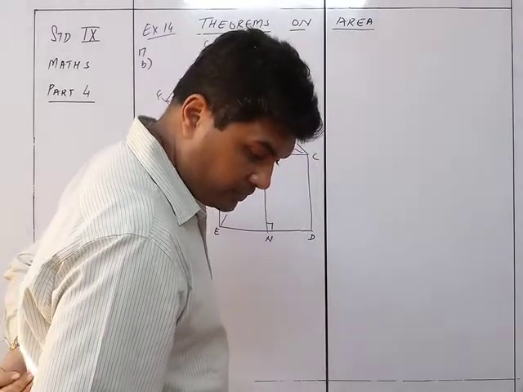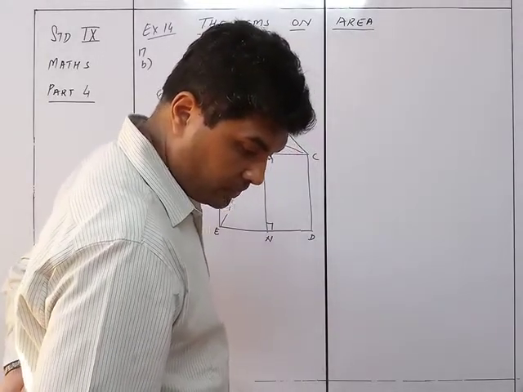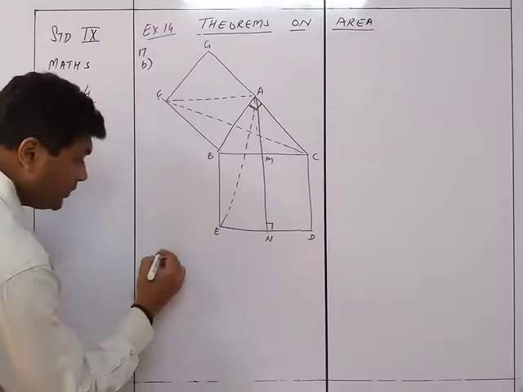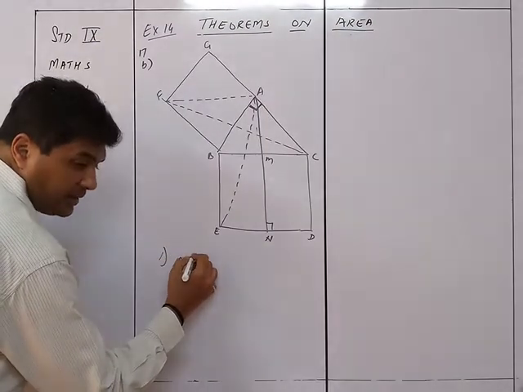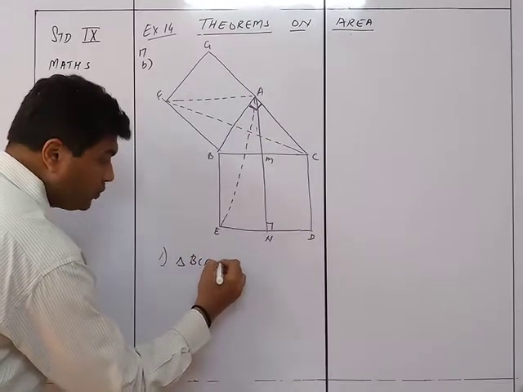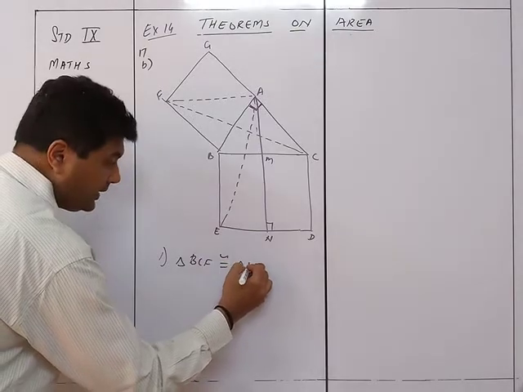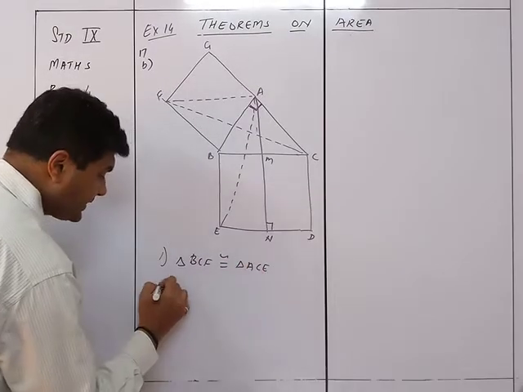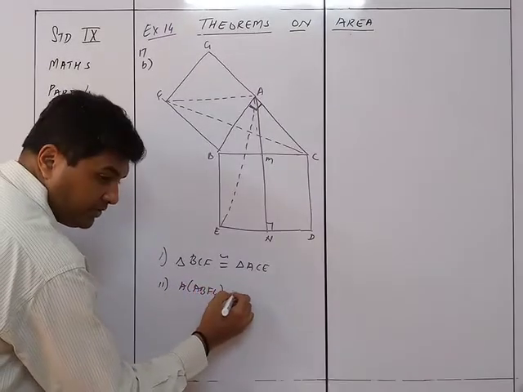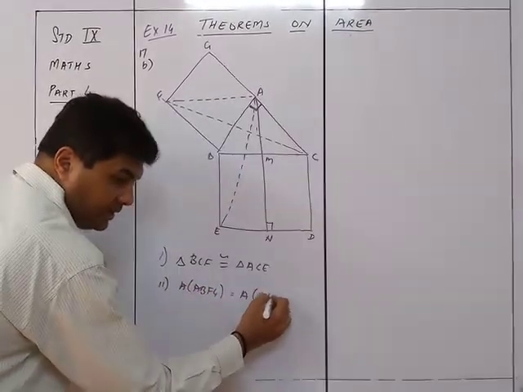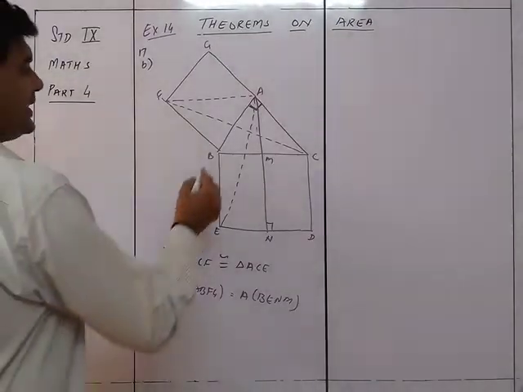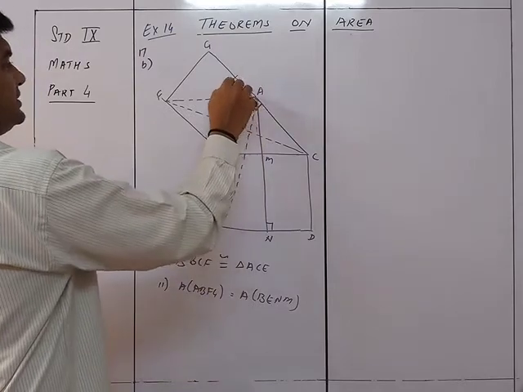So first thing we need to prove is the congruency of the triangles, and second is that area ABFG is equal to area BENM.